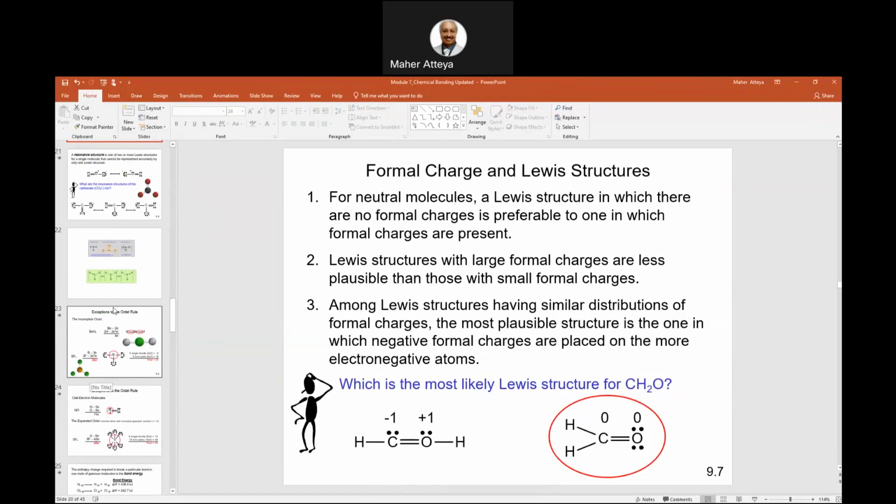Nature does not like charges. So which one in nature will be the aldehyde, formaldehyde? Somebody will go for biology. What do we call this compound here?